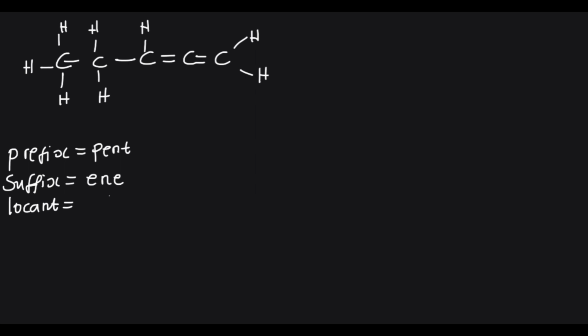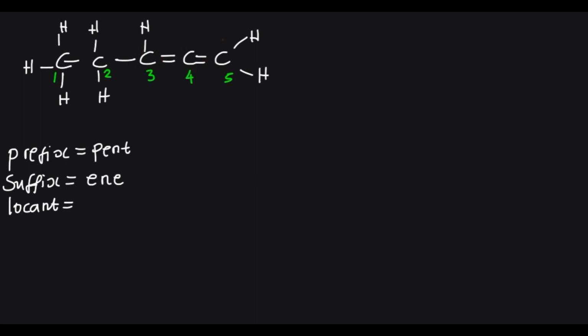Then let's look at now the position, or the locant, of the double bond. So first we are going to count it from the left going to the right. So this one is carbon number 1, 2, 3, 4, 5. So if we move from left to right, we can see that the first double bond is on carbon 3, the second one is on carbon number 4.